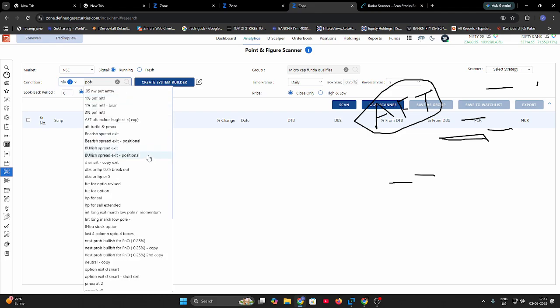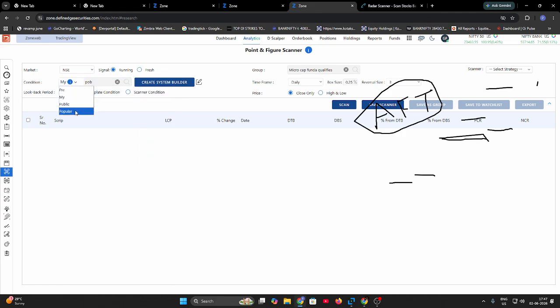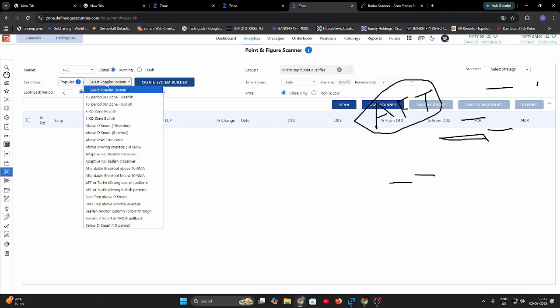So you see AFT anchor breakout, or let me make it simple here so that you guys can also practice. We have AFT or turtle, two strong bullish patterns. Just press it.